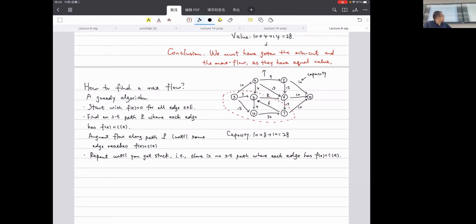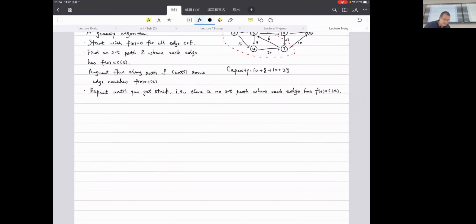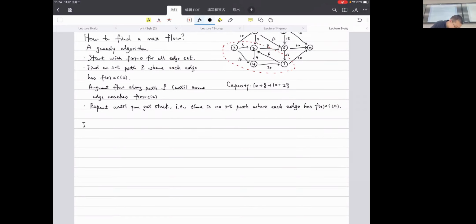It is very natural, at least from my perspective, to propose this algorithm. But of course, the next question we are going to ask is: is this optimal? Maybe we can think a little bit about this.